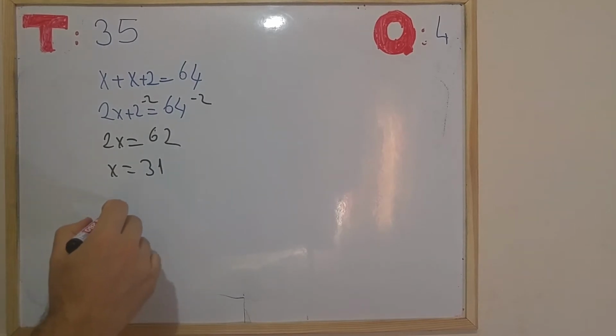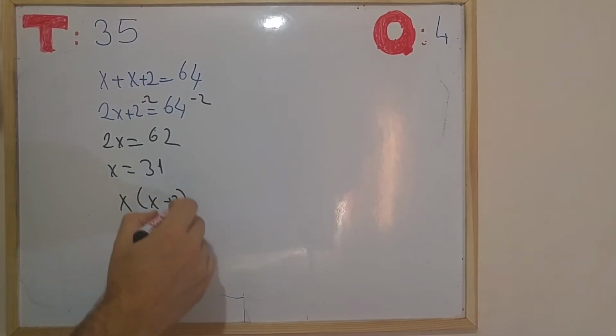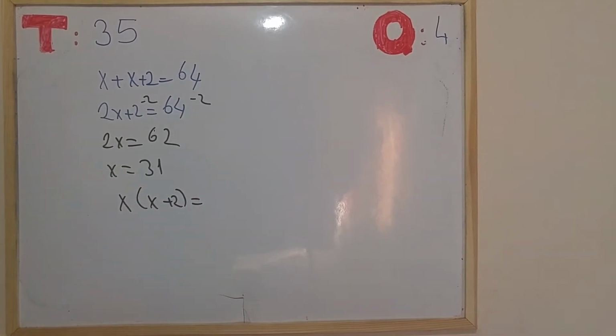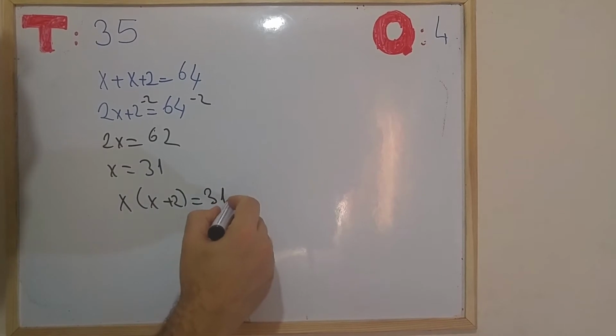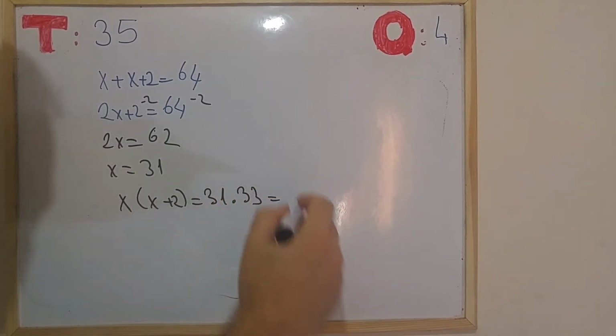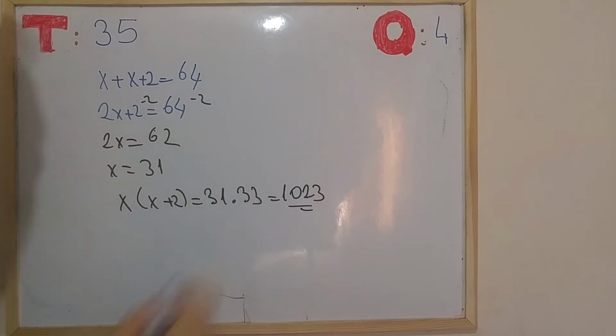What they are asking me is the multiplication of these two numbers, which are x and x plus 2. This is equal to 31 times 31 plus 2, which is 33, and this gives 1023.